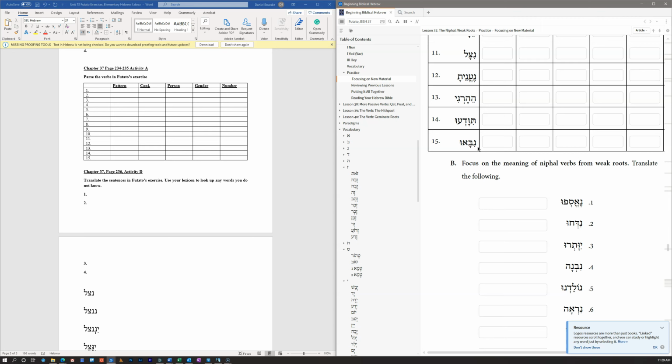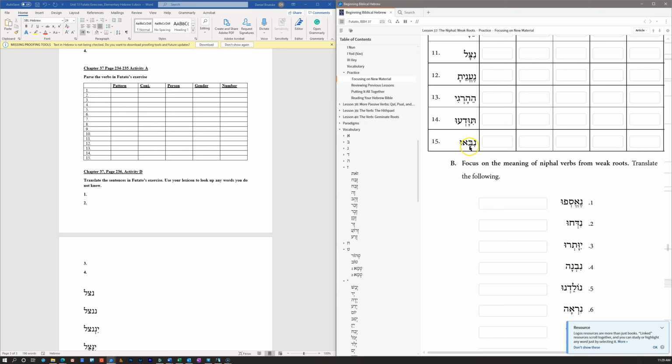What am I missing? Niphal perfect. That's what it is. No, is it Niphal perfect? Doesn't make sense. Yeah, it is. It's a Niphal perfect.